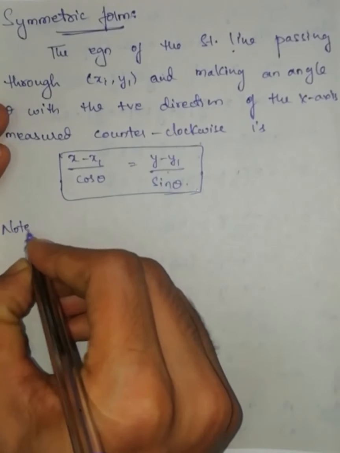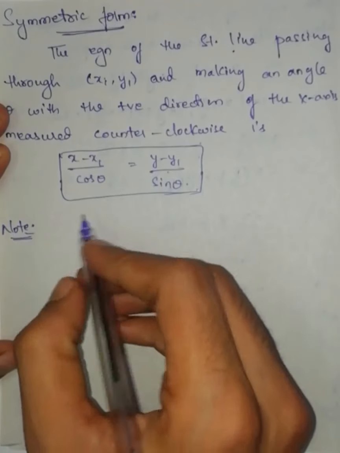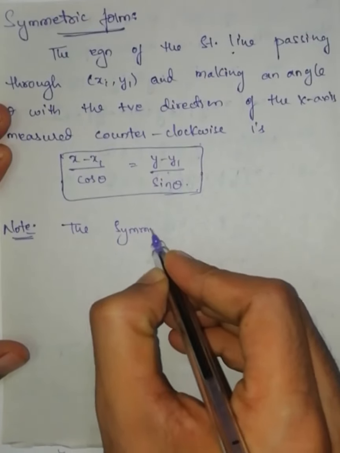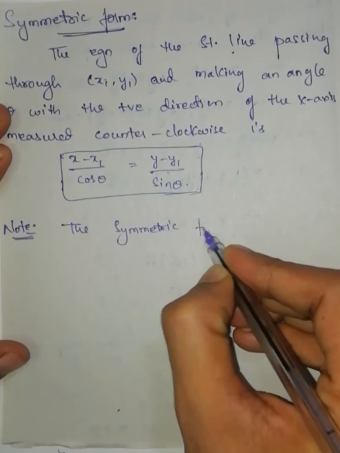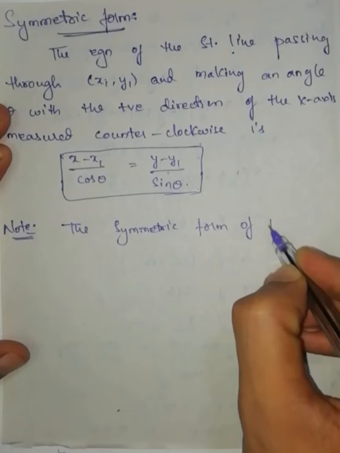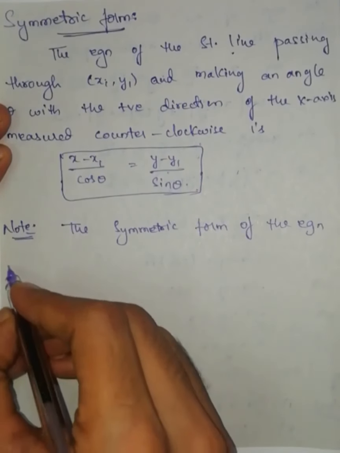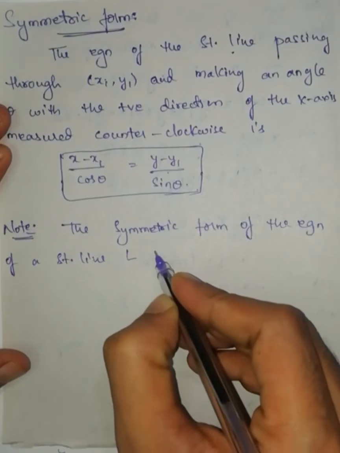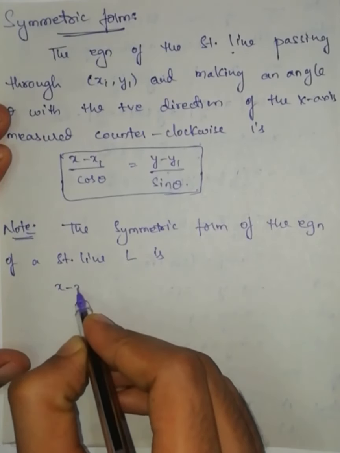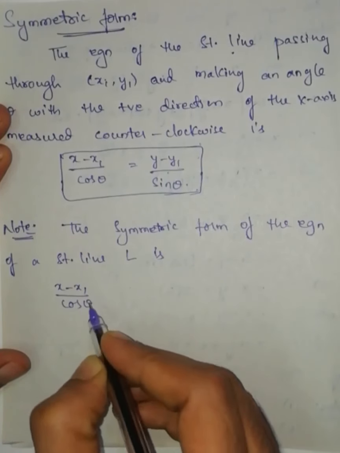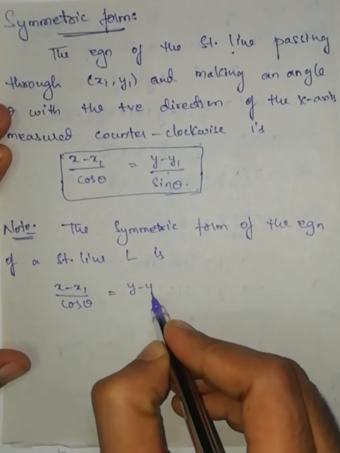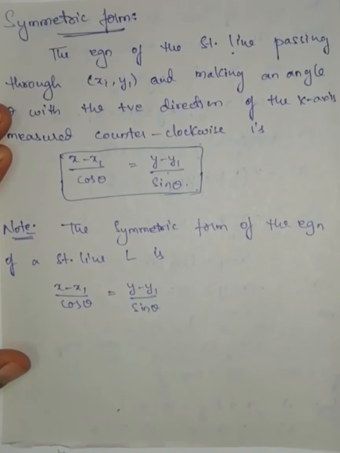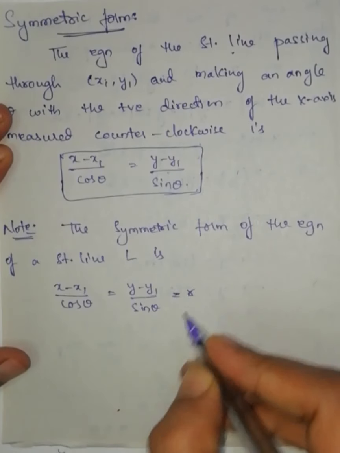Note: the symmetric form of the equation of the straight line L is x minus x1 by cos theta which is equal to y minus y1 by sin theta. Since these both are equal, then these both are equal to some value r, say.